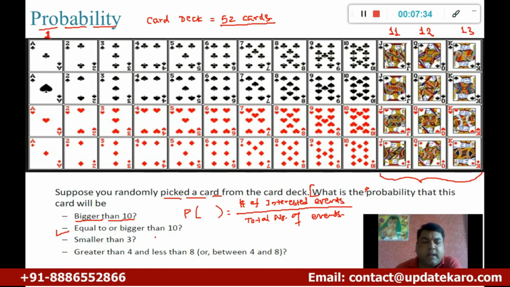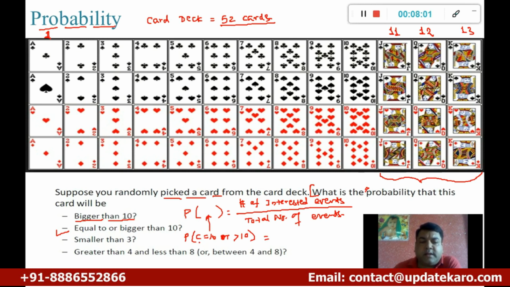That is, we are interested in finding the probability of card equal to 10 or greater than 10. That is going to be the value over here.